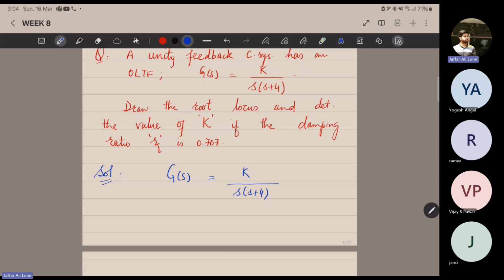So basically, root locus is the locus of the closed loop poles, obtained by varying the gain K. By studying the open loop transfer function, we get the characteristics of the closed loop poles. So how should we proceed?